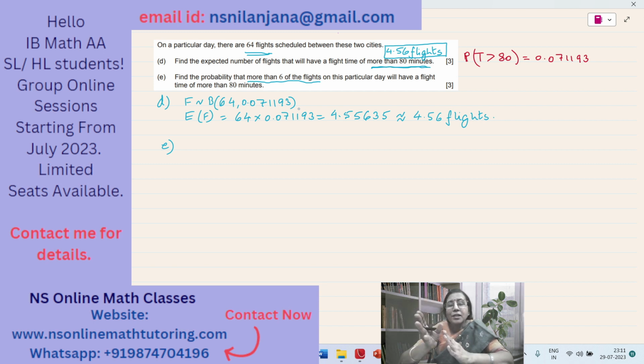More than 6 flights, so the minimum is 7, and the maximum will be 64. It is a case of a binomial distribution. The lowest number is 7 flights. The highest number is all 64 flights having flight times greater than 80 minutes. Okay, fine. So let us move to the calculator.